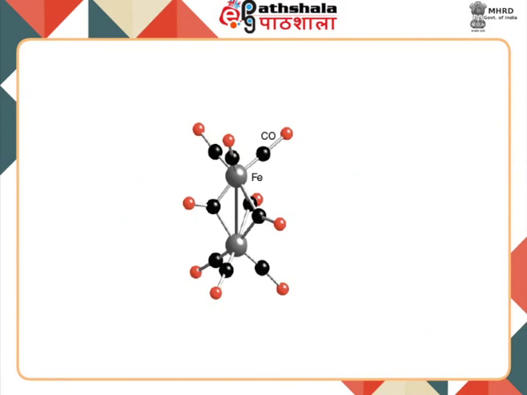And now we can look at the structure and understand how we have seen the formation of bonds. So this and this, these are the 2 iron atoms, and you can see that this is the bond between the 2 iron atoms, which is the sigma bond. And then if we look at the bridging carbonyls, this and this, these are the 3 bridging carbonyls.